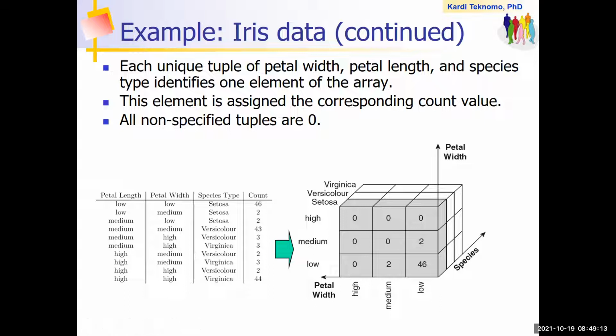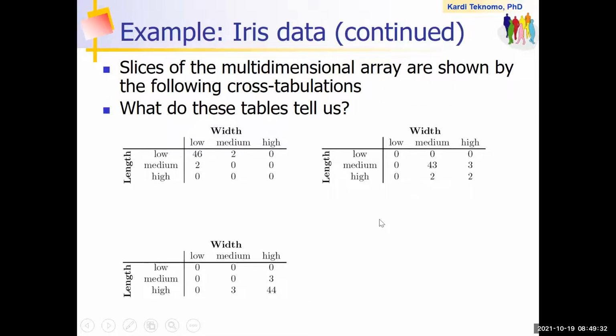So look at the cube here. This has 3 dimensions: petal width, petal height, sorry, supposed to be petal length, and then the species. And then you can also slice.